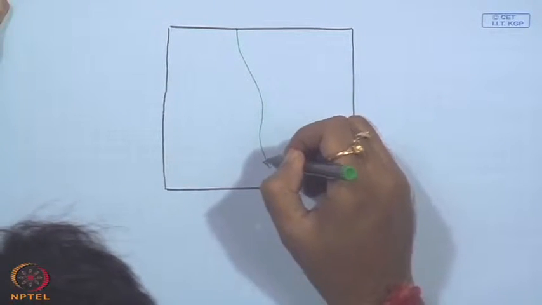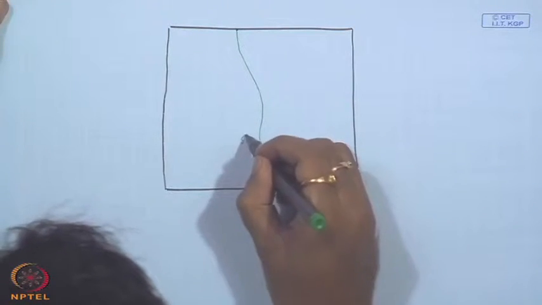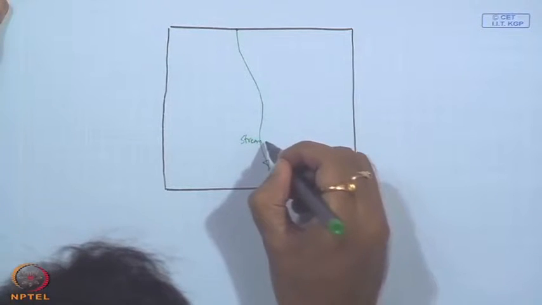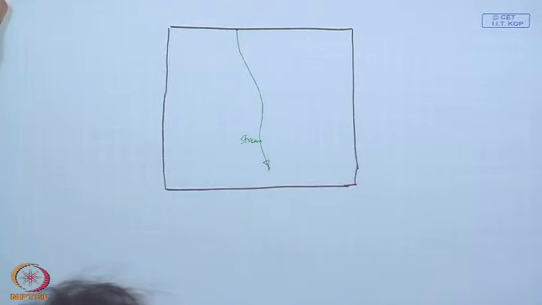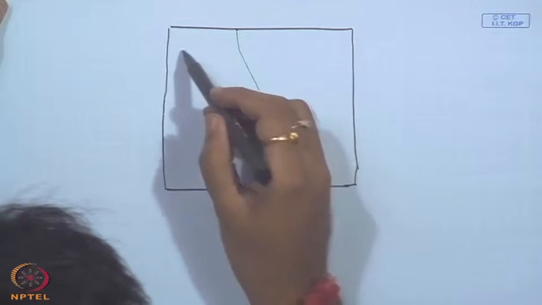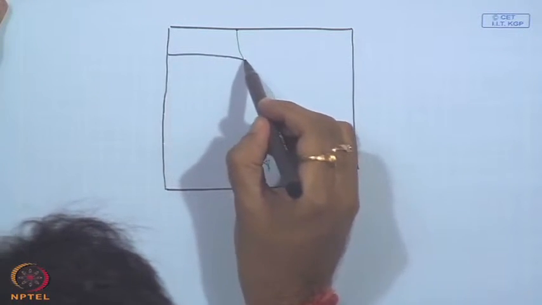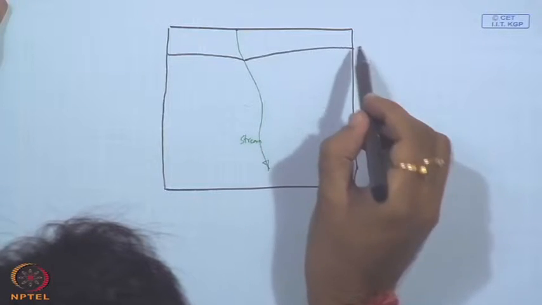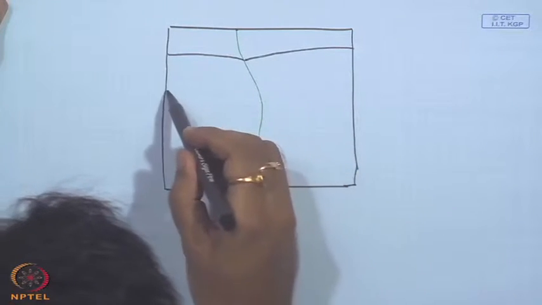So, let us say this is our stream direction, then this is our contour level.